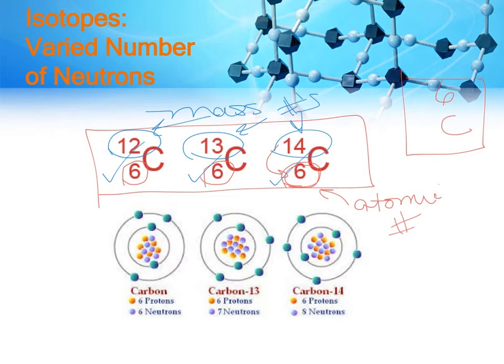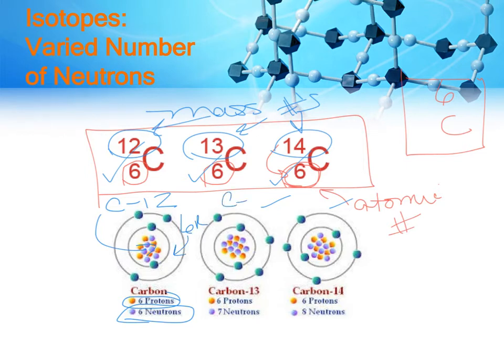If you look at what we call the carbon-12 isotope, and if you count, notice the protons are yellow. You can see there are 6 yellow balls in each of these 3 isotopes. The neutrons are represented by purple balls. You can see there are 6 neutrons in the first isotope, carbon-12.